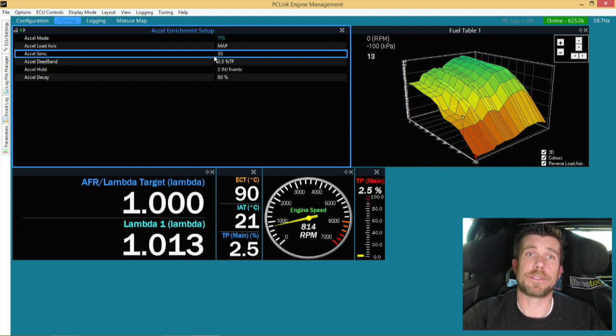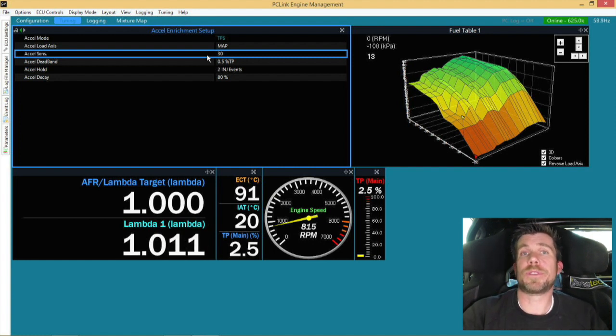I've tuned literally hundreds of Link G4 ECUs over the years, and generally I find that if the main fuel map is correctly tuned, the default values, particularly for sensitivity and clamp, are normally very, very close and don't require a lot of work. So that's one clue there for you as well.